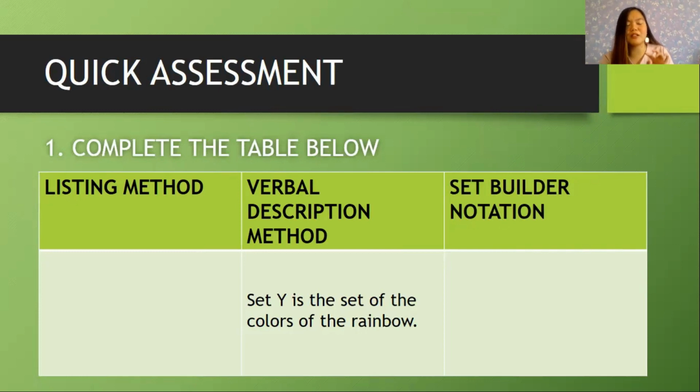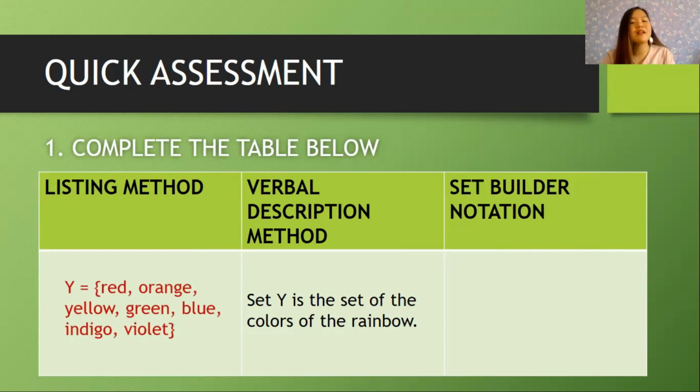Okay, we know for sure that by listing, we have Y equals red, orange, yellow, green, blue, indigo, and violet. Set builder notation for that, we have again capital Y equals x, such that x is a color of the rainbow.